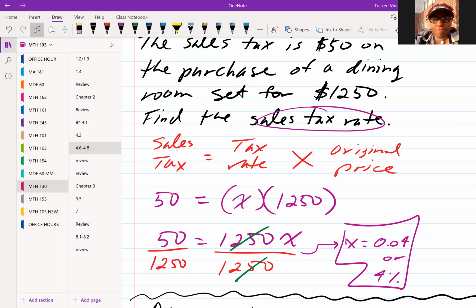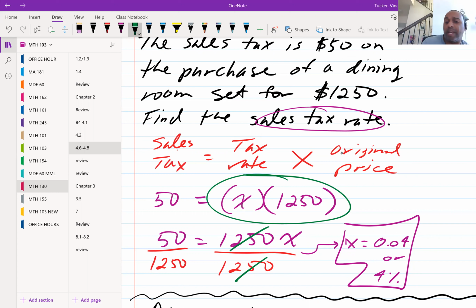Let me see what you did there. I see up here X is the 1250. Well, let me make sure I understand what you're saying. Right here is X times 1250.